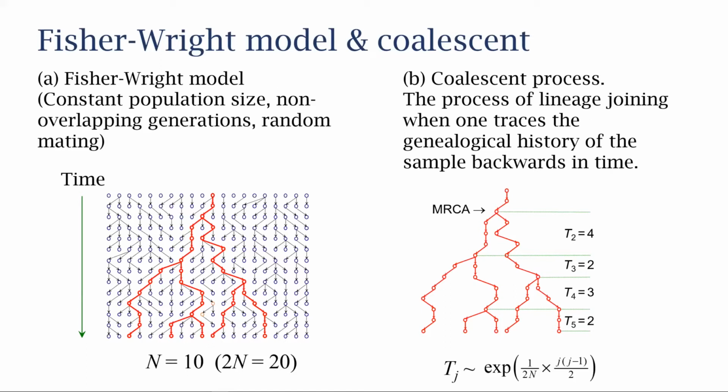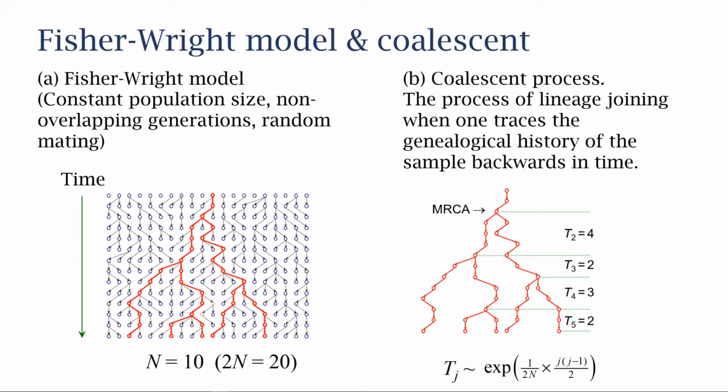So we more or less all know the standard coalescent process. Here's just a really quick diagram. On the left is the more traditional Fisher-Wright model, describing the process of reproduction and random sampling when the gametes are used to generate zygotes for the next generation.